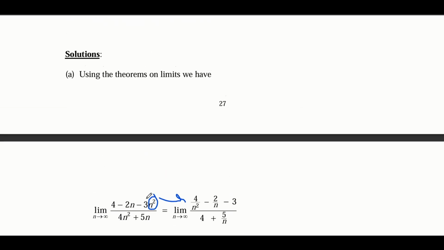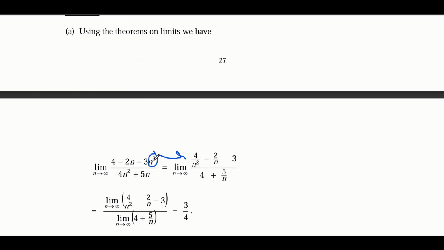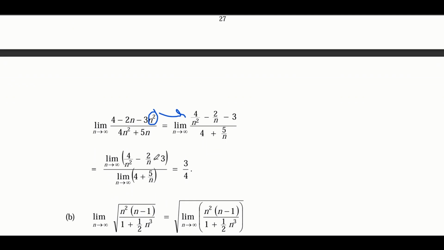Now remember that when we are taking the limit of a fraction, it's equivalent to taking the limit of the numerator and the limit of the denominator as well. So it's exactly what we'll do here. All we have done is write the same expression, but we've just rewritten it with the limits theorem applied: 4 over n squared minus 2 over n minus 3.